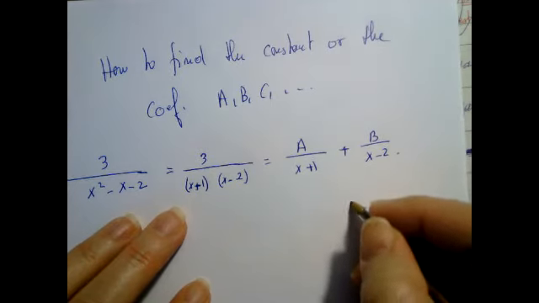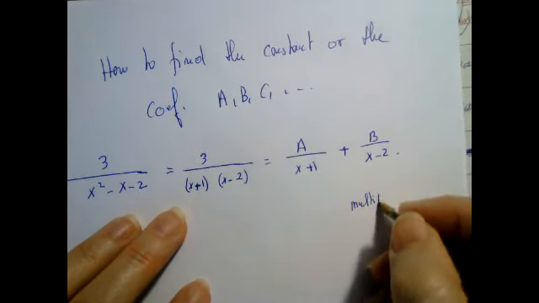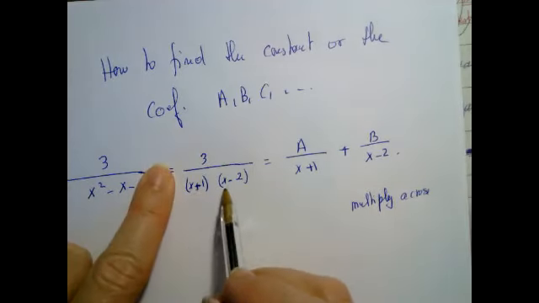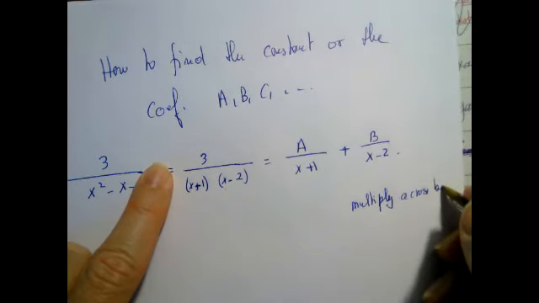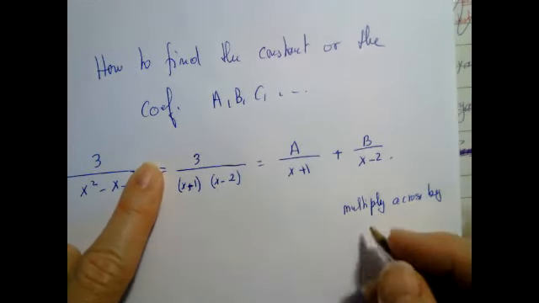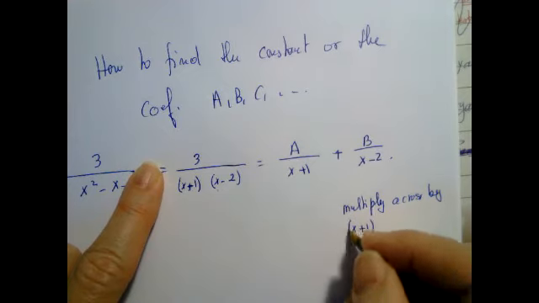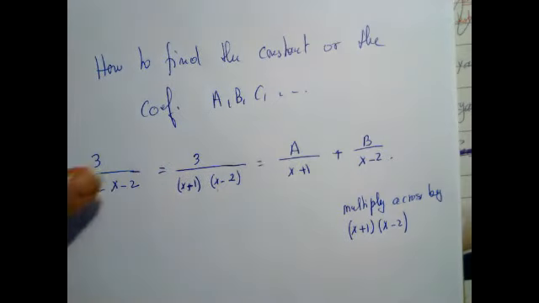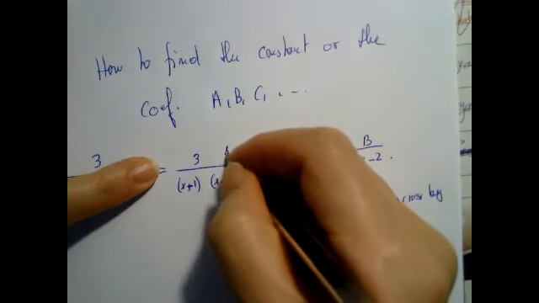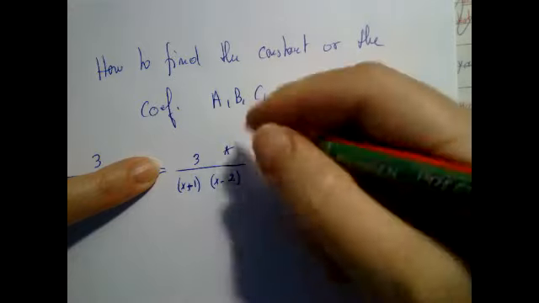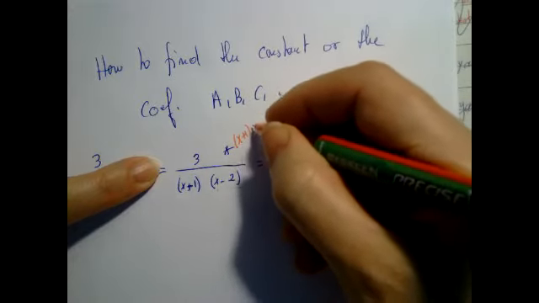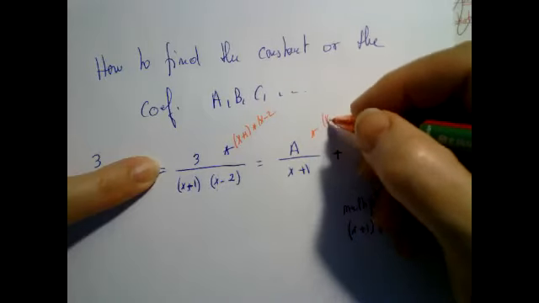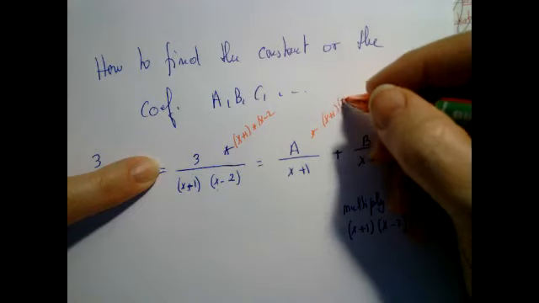So I'm going to multiply across. Basically, I want to get rid of the denominators, so I'm going to multiply across by the common denominator, x plus 1 times x minus 2.